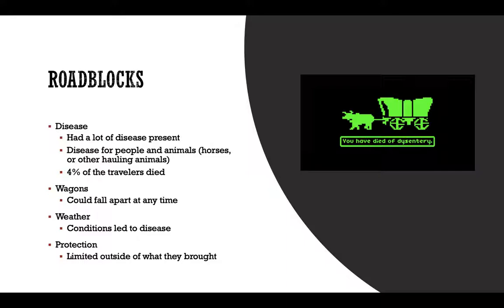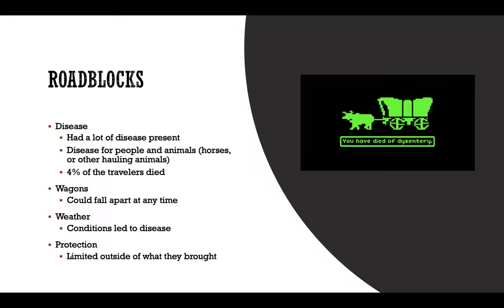Around 4% of all the travelers died in this journey. They'd get things such as dysentery, pneumonia, just a lot of different diseases that are still around today and can be deadly, but were very, very bad in the day because the medicine wasn't that advanced.